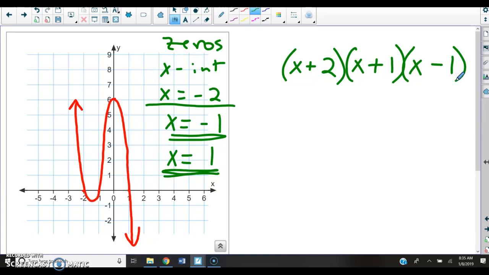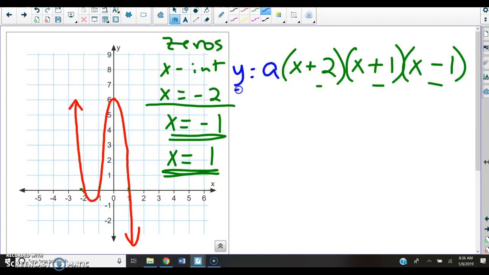So we've got step 1. We used the zeros, the x-intercepts, to write the factors. There's 3 x-intercepts, so there's 3 factors. Okay, the next thing I'm going to do is figure out what my lead coefficient is.